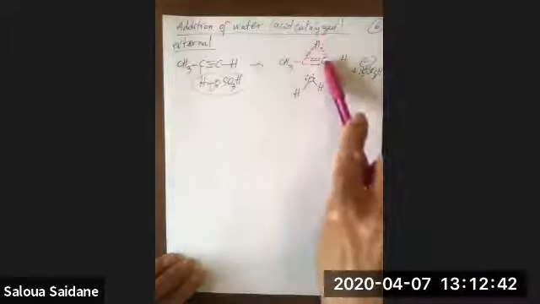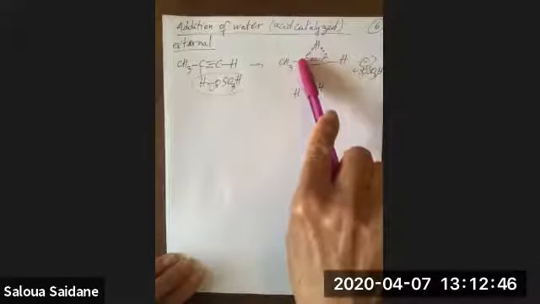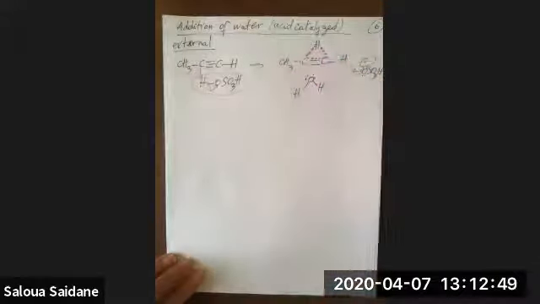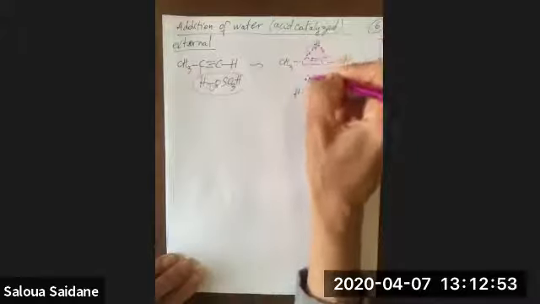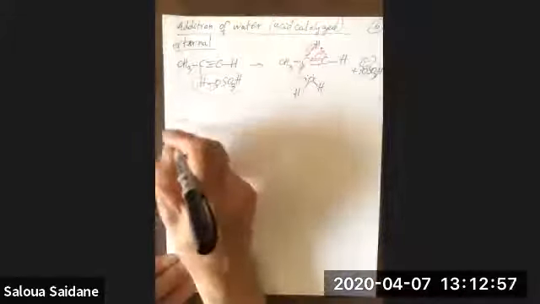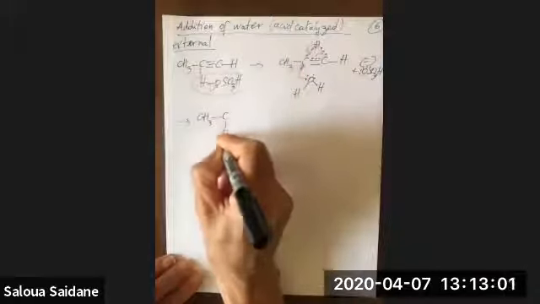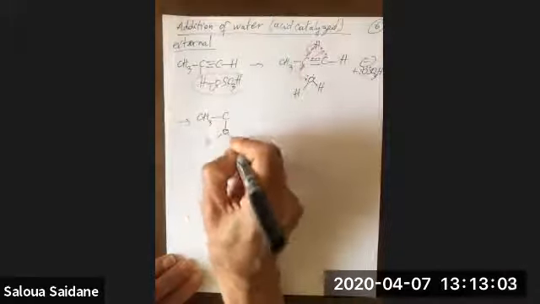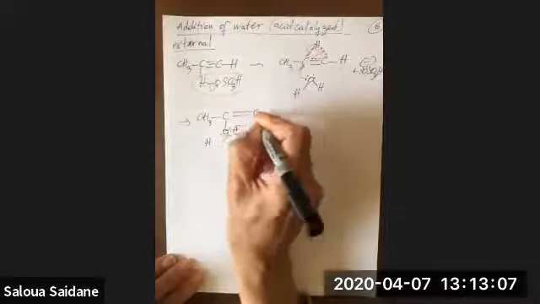The hydrogen has to land on the right one because this will be a secondary carbocation, whereas this one is a primary. So this opens, and now the water has to add on this side. So we end up with CH3, C, OH plus, and then CHH.